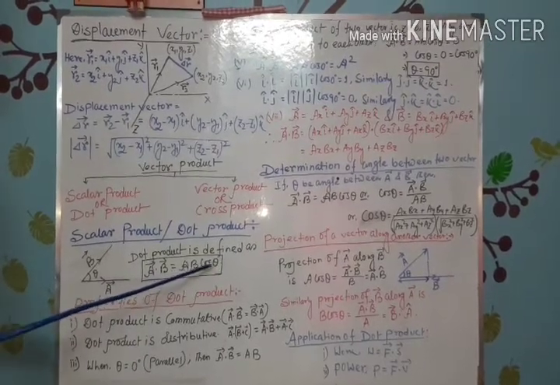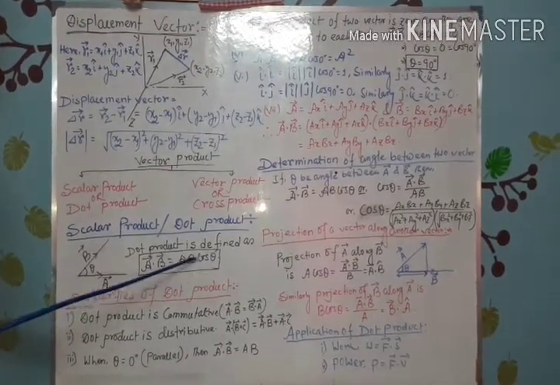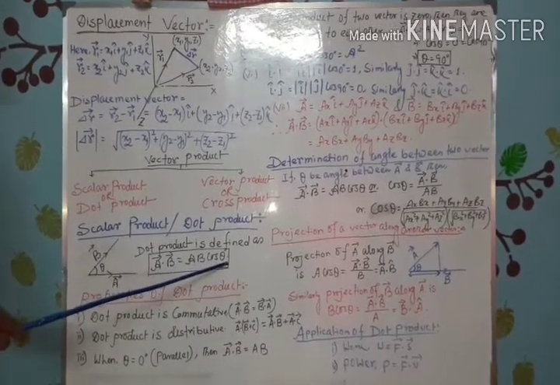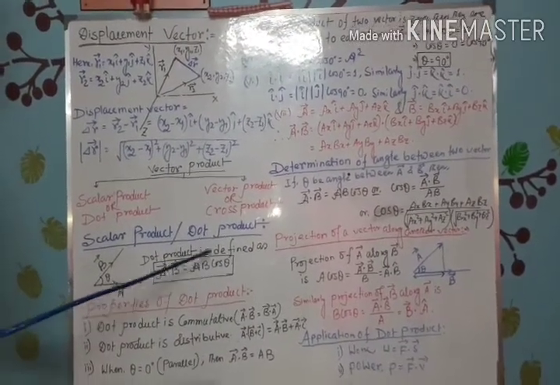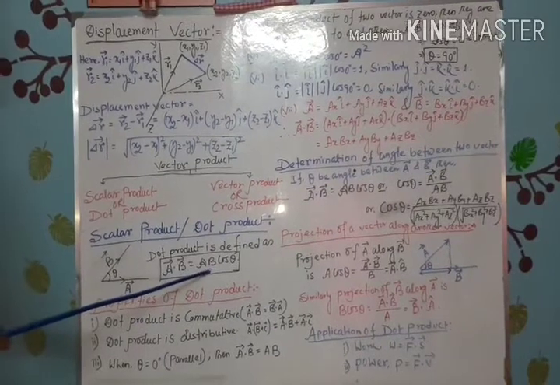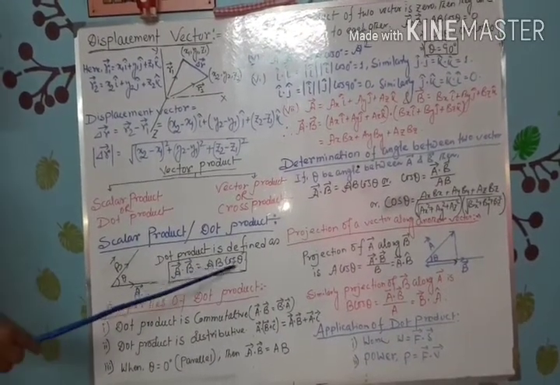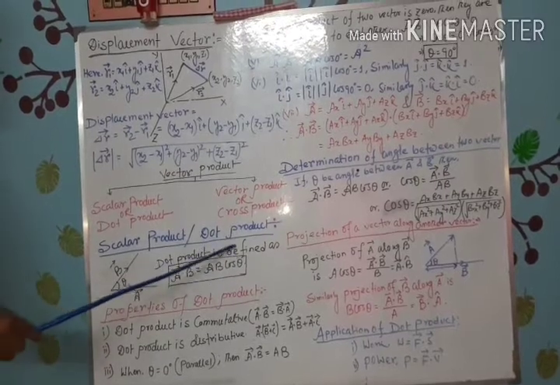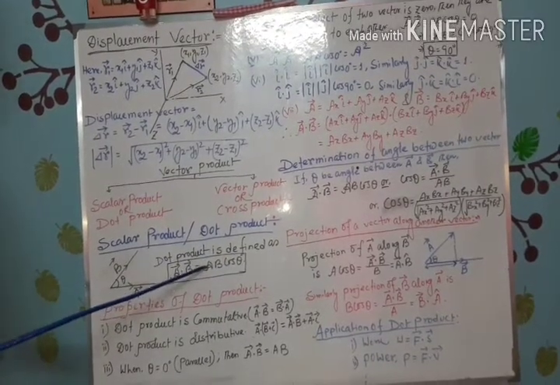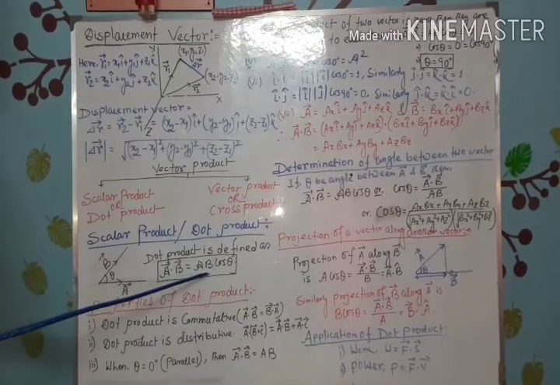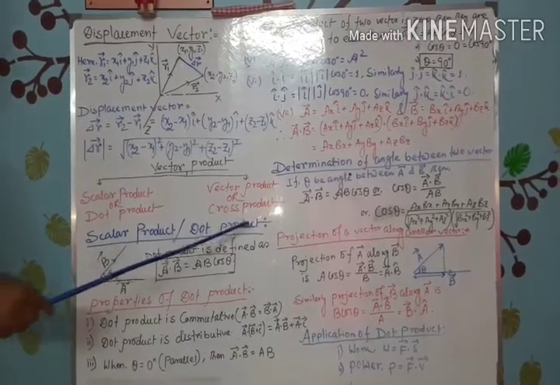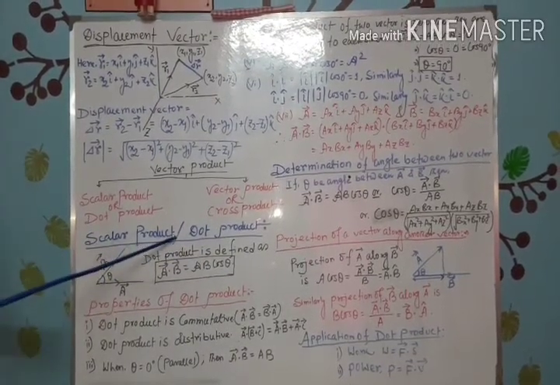See the right side of this definition. Right side gives the multiplication of magnitude of A, magnitude of B and the cos value of the angle between the two vectors A and B. Therefore the right hand side is a pure number which is scalar actually. That's why another name of the dot product is the scalar product.